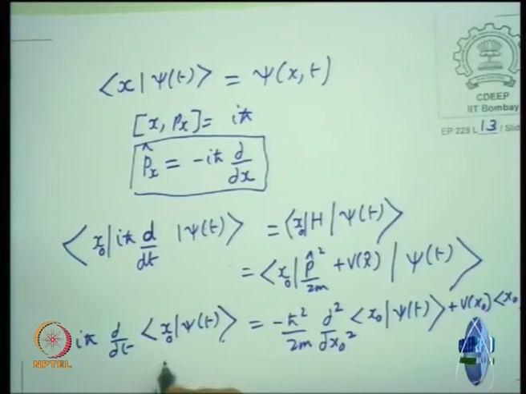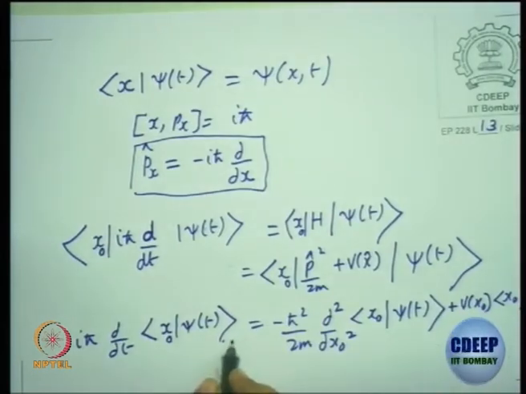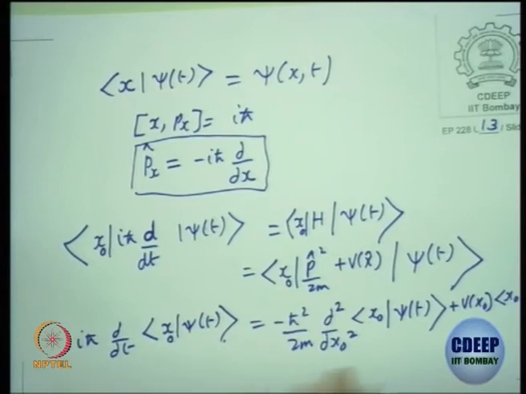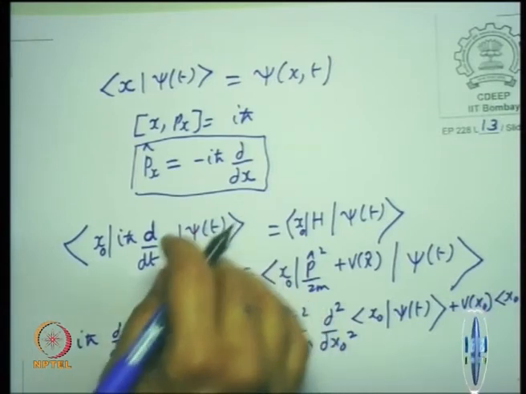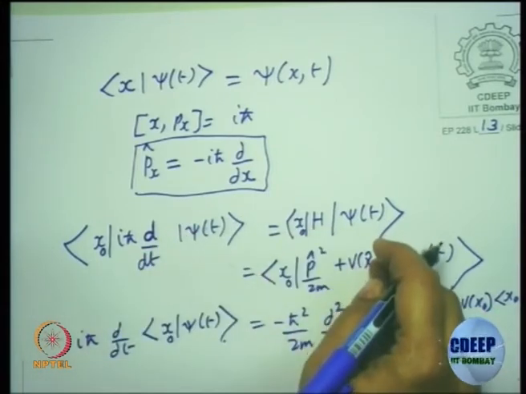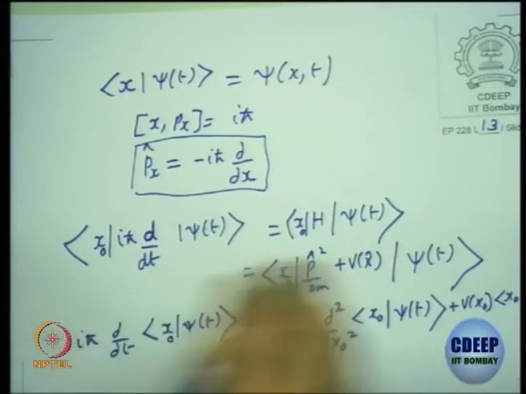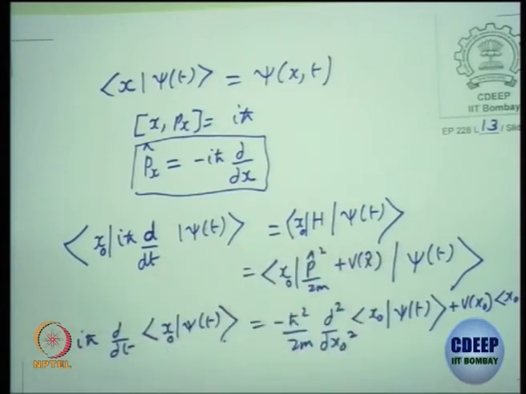So what do we reproduce? This one is your wave function at a position x naught, and this is the familiar differential equation which you have been studying in the wave function formalism, which we have reproduced starting from the equation on the ket vector psi of t. Is that right?